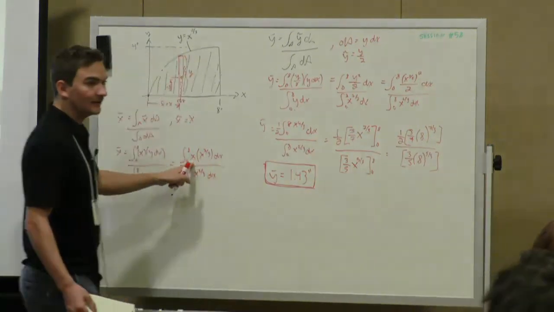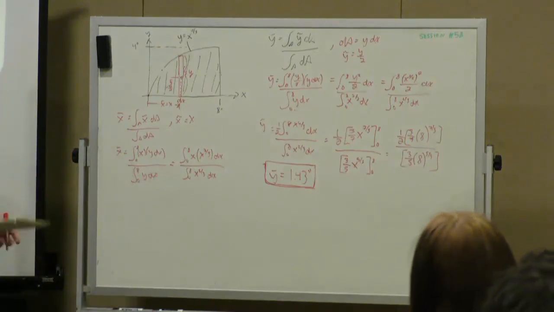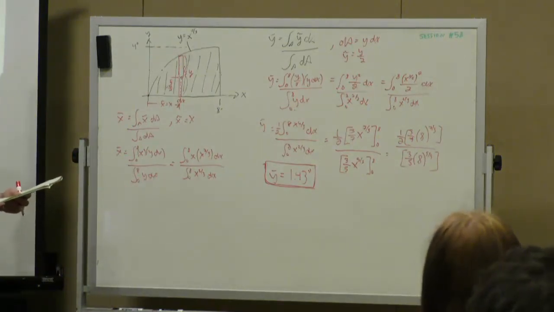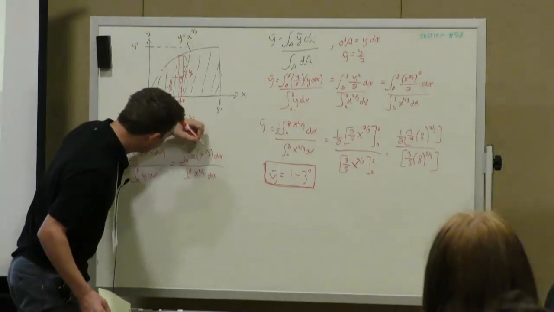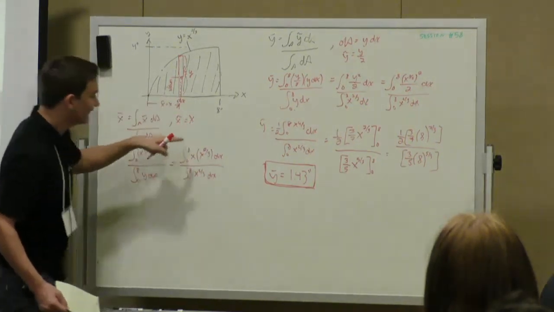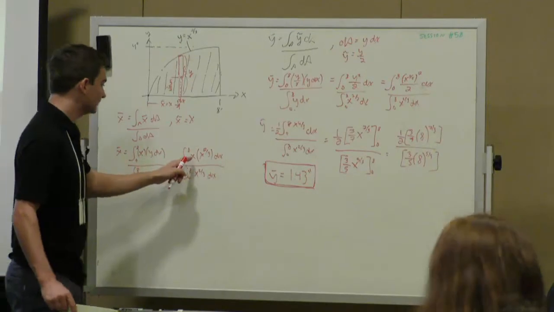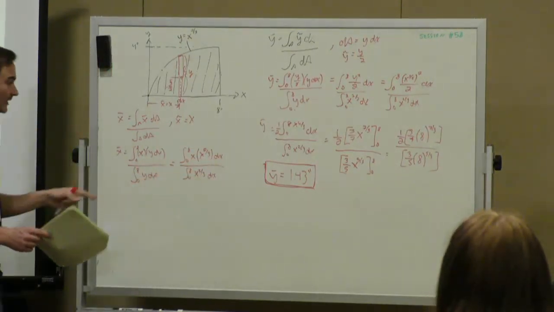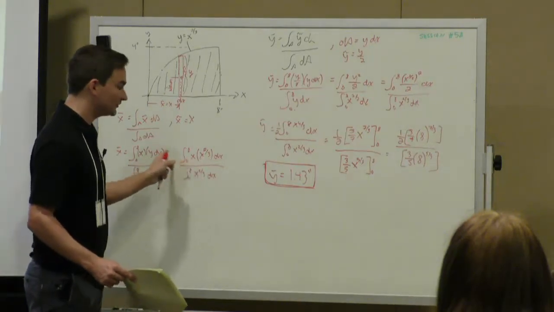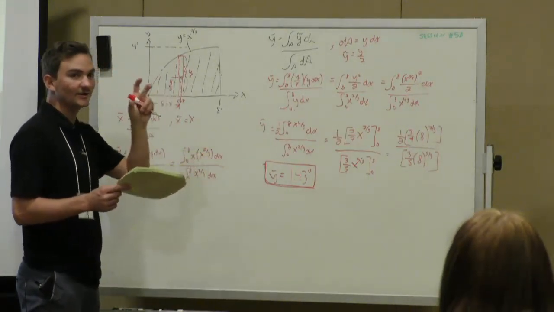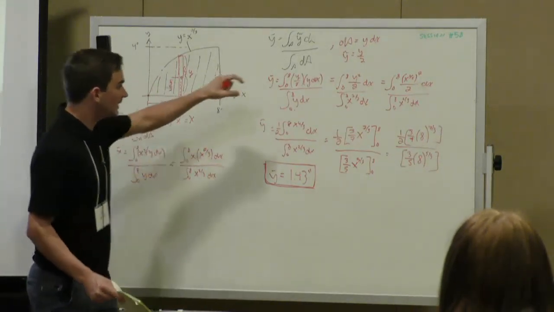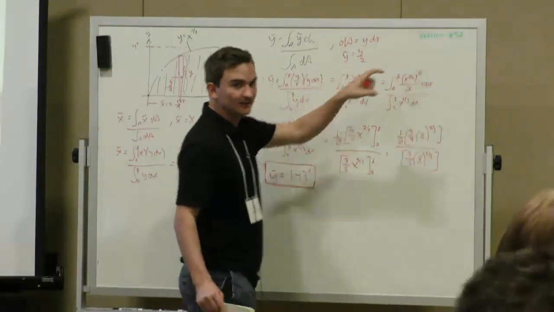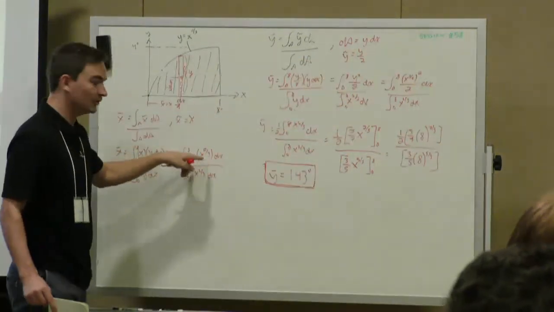So now what is x times x^(2/3)? A common mistake I've seen is that people will just multiply the two exponents. Don't do that. When you're multiplying two x's or two y's with some powers, you add those powers. Unlike exponents of exponents, where you multiply, when you have multiplication, you add.